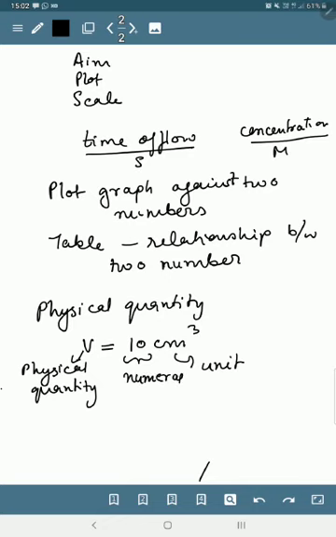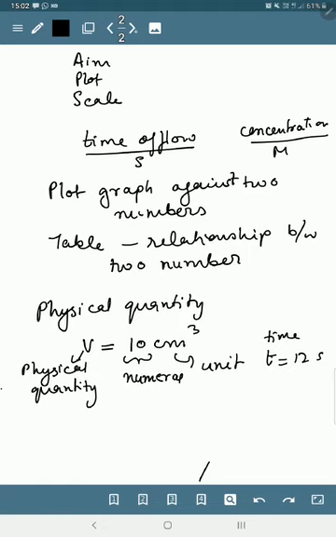So volume is equal to 10 centimeter cube. Now, if you had to plot a graph of volume versus time, let's say volume expansion you are plotting against time, and let's say you've taken time as 12 seconds.